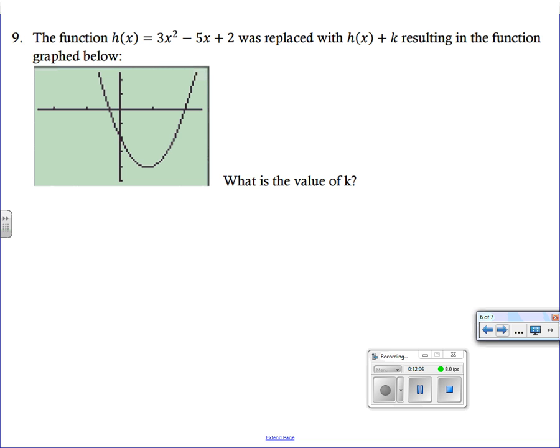All right, and last one, I think, is it? Yeah. All right, number 9. The function h of x equals 3x squared minus 5x plus 2 was replaced with h of x plus k, resulting in the function graph below. What is the value of k? Andrew, what's my old one? Very good. And Chuck, what's my old one? I mean my new one.